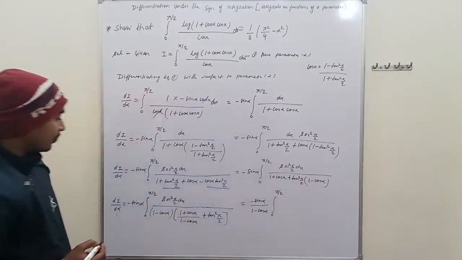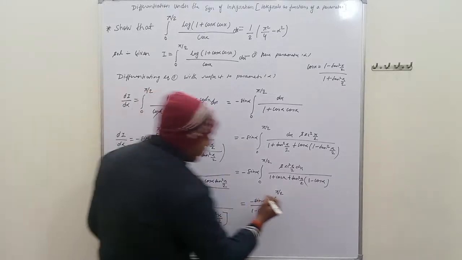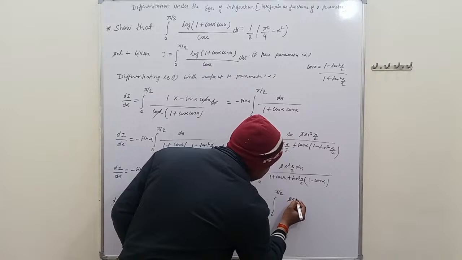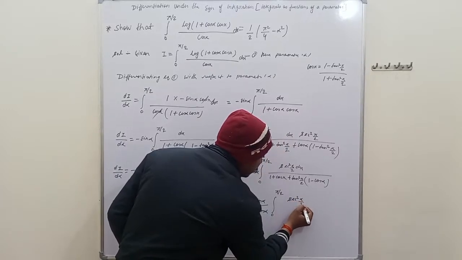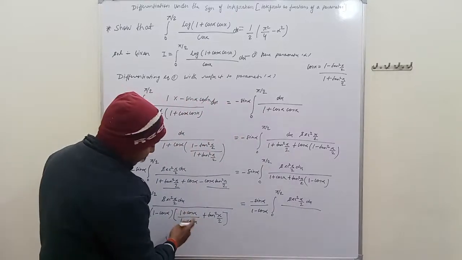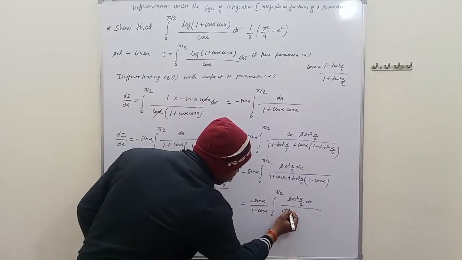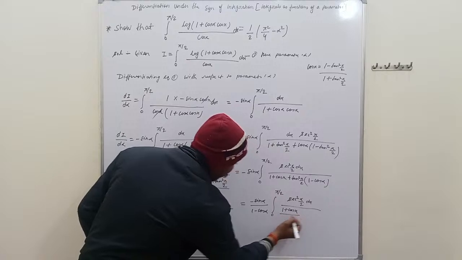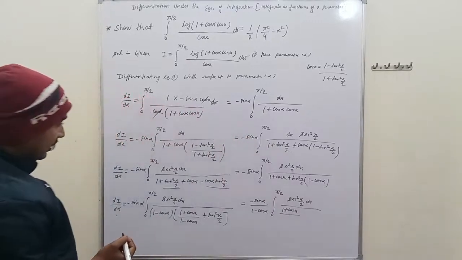The remaining is sec square x by 2 dx upon 1 plus cos x.